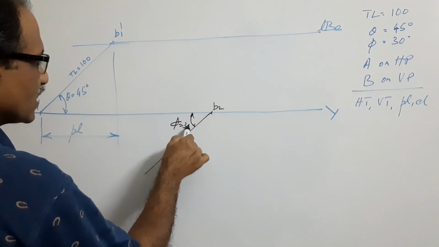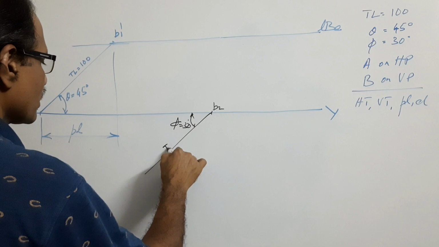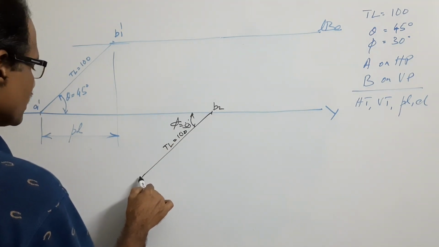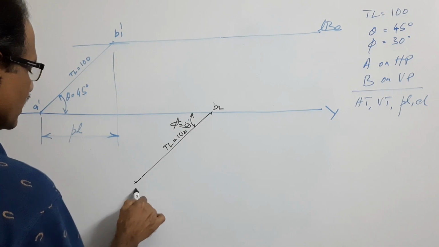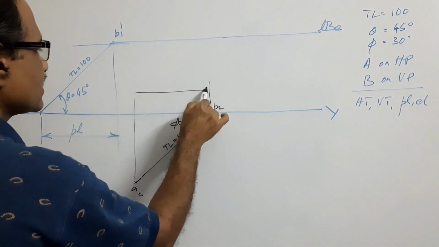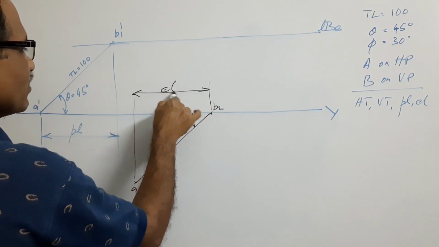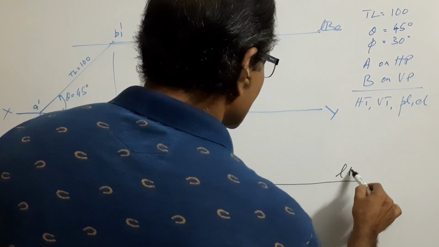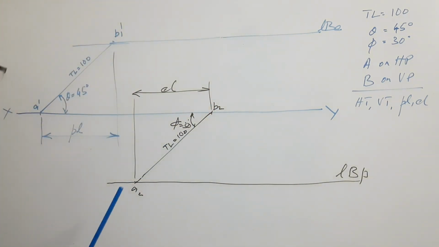Phi equals 30. True length equals 100. This length is called the elevation length, and there is a locus here which you call the locus of B in plan.